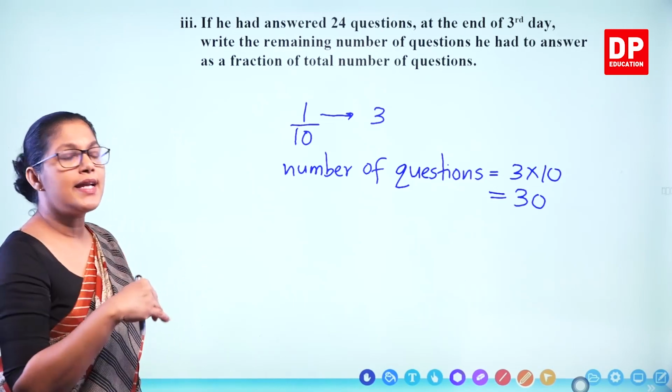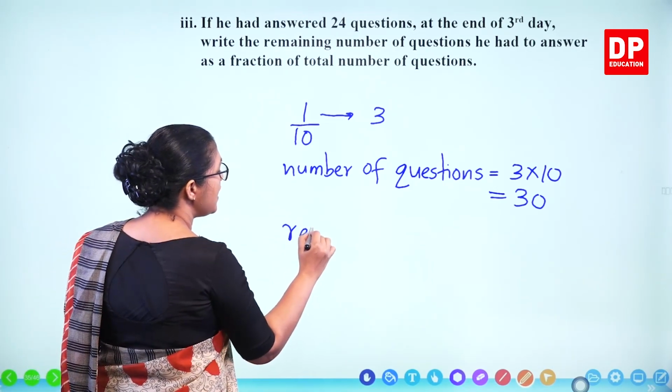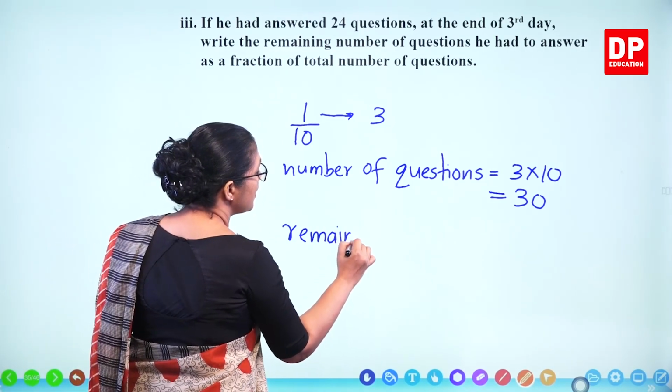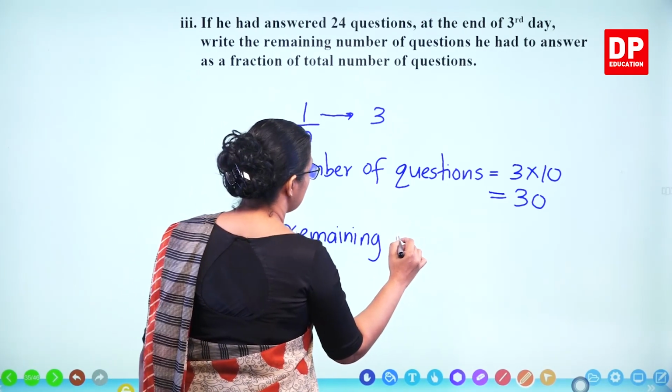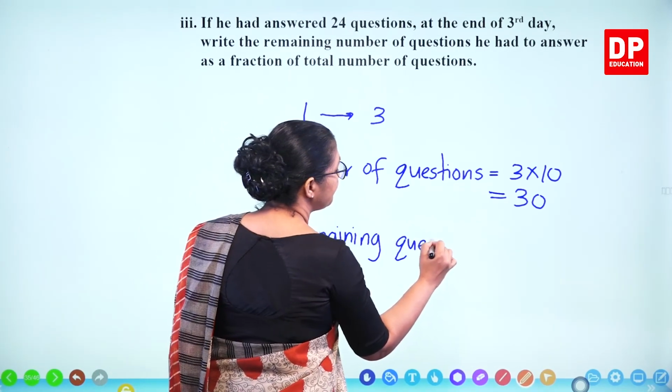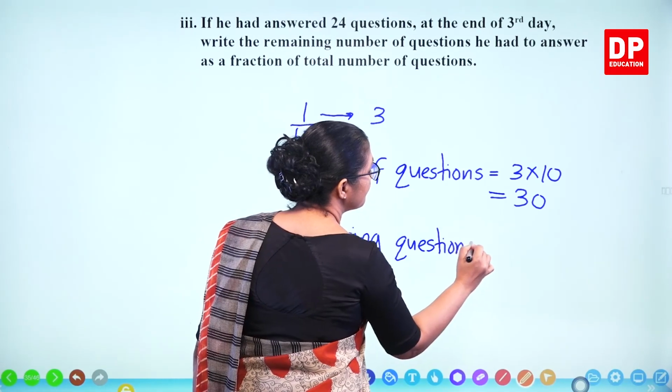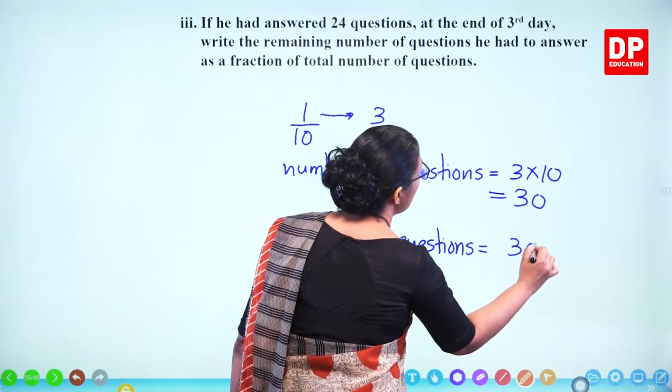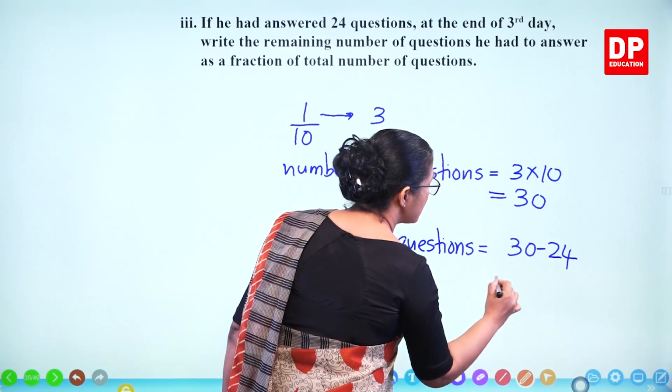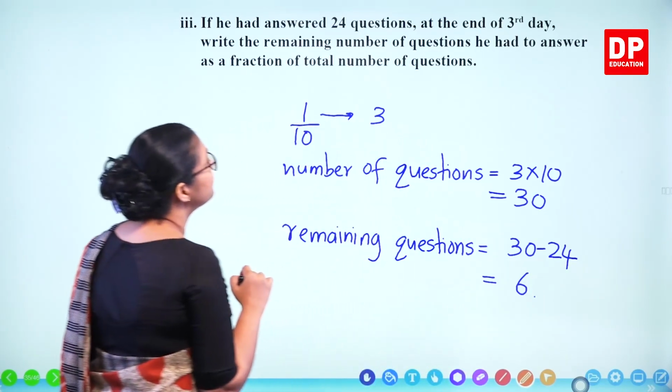Write the remaining number. So what's the remaining number of questions? 30 minus 24. That's 6 questions are there.